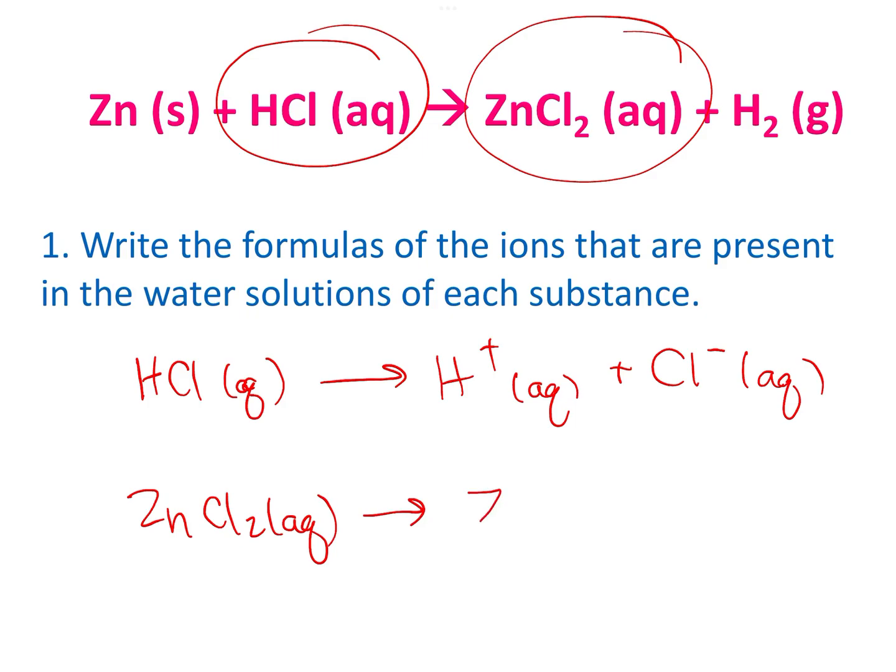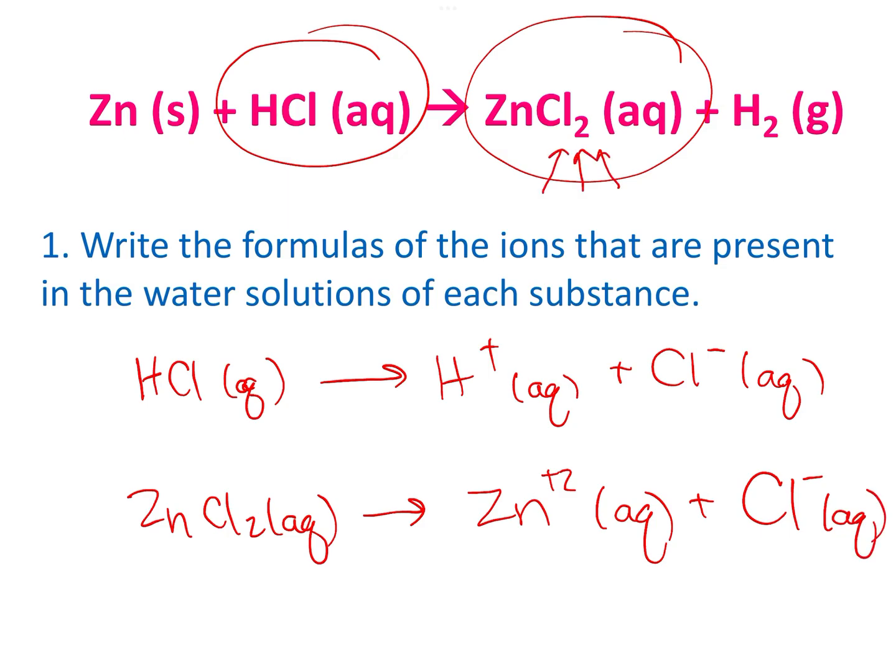That breaks apart into the zinc, which by the way is a 2+, and that's in solution, and Cl- in solution. However, there are 2 chloride ions, so we'll put a 2 out front here. So those are our 2 formulas for the ions that are in solution.